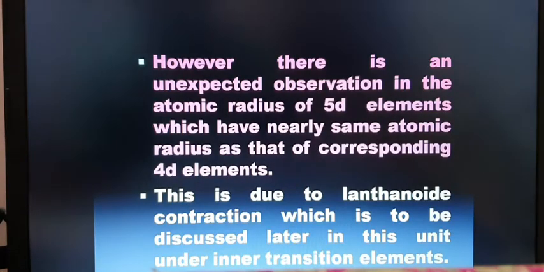However, there is an unexpected observation in the atomic radius of 5d elements, third transition series, which have nearly the same atomic radius as that of the corresponding 4d elements. This is due to lanthanide contraction, which is to be discussed later.